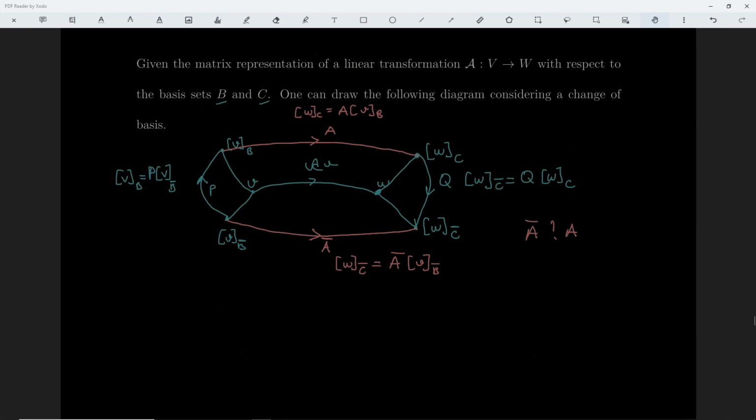To find the relation between A bar and A, I will start by writing down the representation of W with respect to C bar.